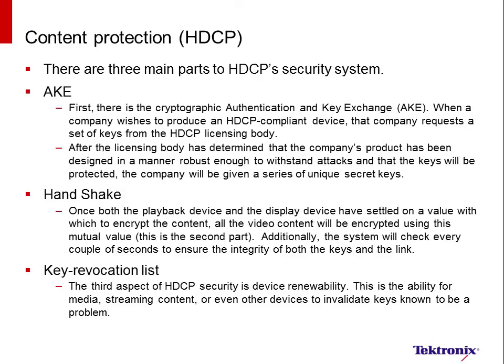The transmitter will query the receiver, which is the handshake portion, and the receiver will send back its key to the transmitter, which will allow the transmitter to send its key to the receiver so that they can now decrypt the incoming video. They also included a key revocation list.